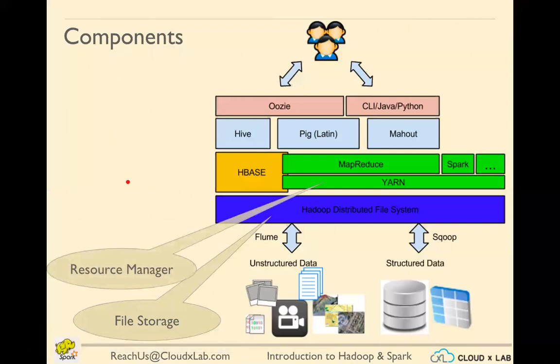Now, on top of the Hadoop distributed file system, we have something called YARN. When the data is distributed onto multiple computers, we need a way to execute things on these computers, and that's what YARN is. YARN is basically like an operating system sitting on top of the file system and executing things as and when we demand.